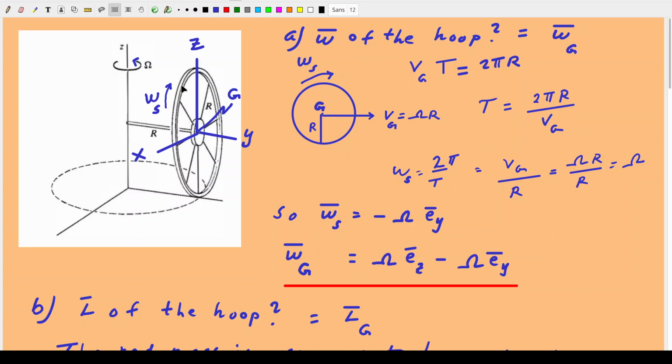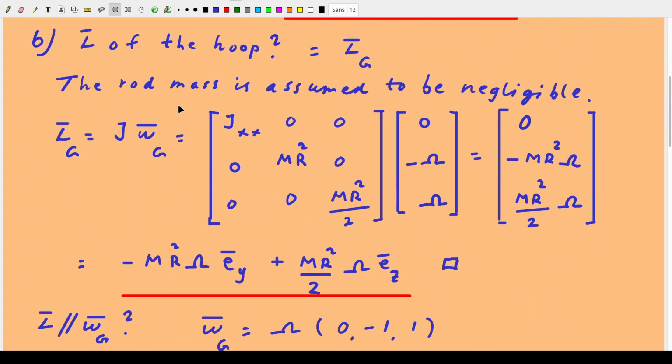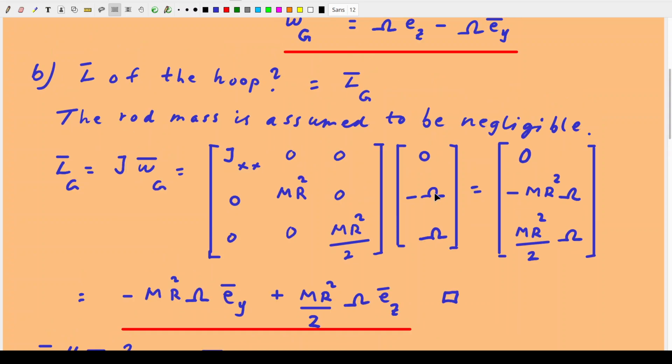And here is the z-axis. If you rotate the hoop around the z-axis, in the problem text we got the information that it should be mr squared divided by 2. So this is the matrix, and here is the omega vector.